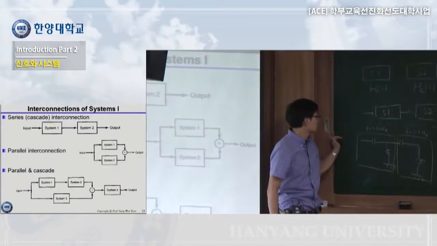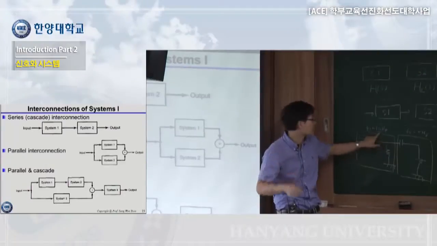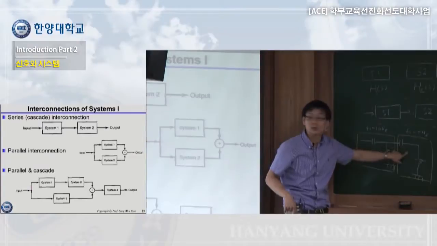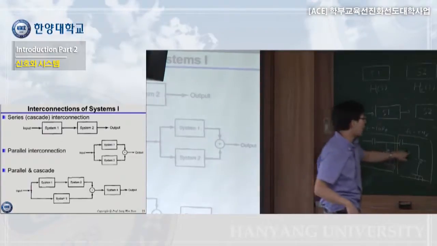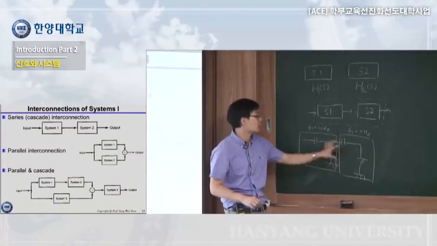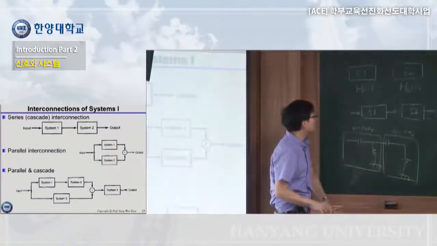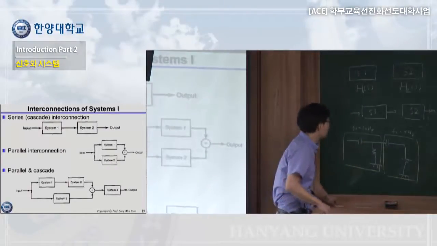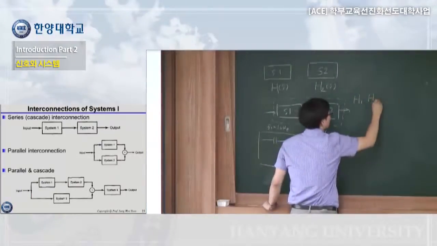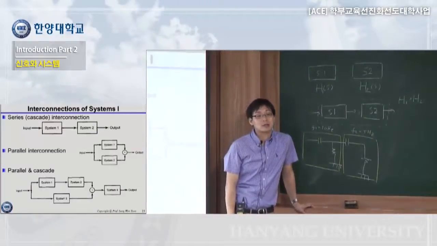So the signal comes in, passes through the first filter, is filtered with the filter frequency here, and this output becomes the input to the second filter, and the final output will be filtered at 5 Hz. So this is one example of a parallel or cascade system. And how can we define their transfer function? We usually define it as the multiplication of these two because they are cascaded.